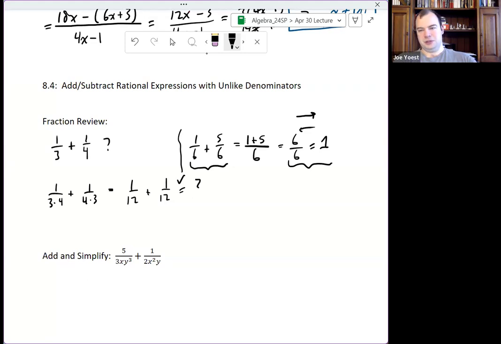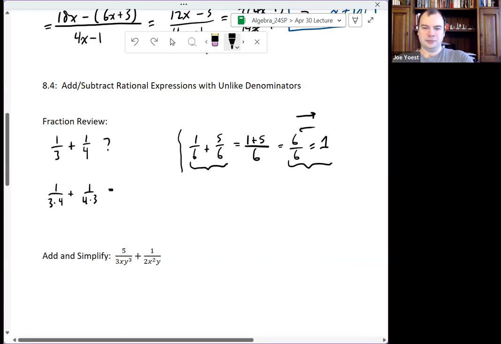I know this is just going to be 2/12 and so on. So it'd be nice if I could do that. But I have to be a little careful here. If I were to just change my denominators from 3 to 12 and from 4 to 12, of course I've changed the value of the fraction. I would have two different values than the two values that I started with.